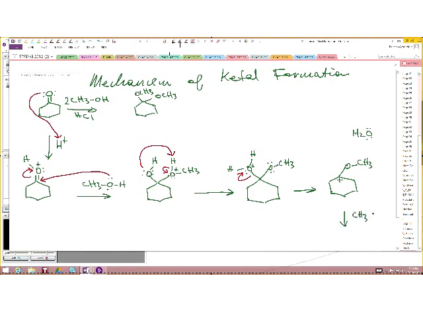Another molecule of the alcohol comes in, attacks that carbocation, and now we have, let us do this, positively charged.